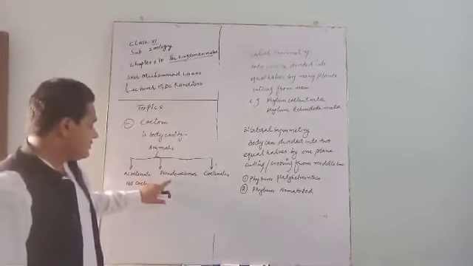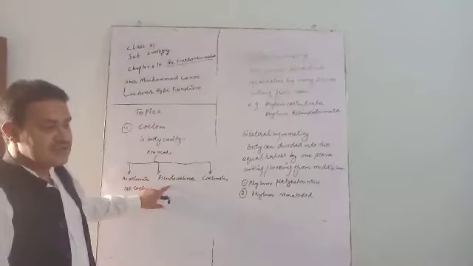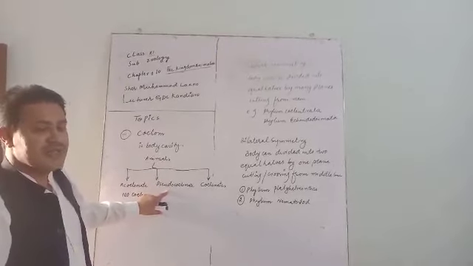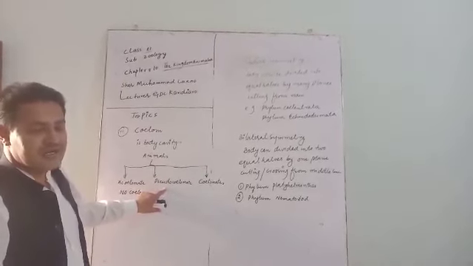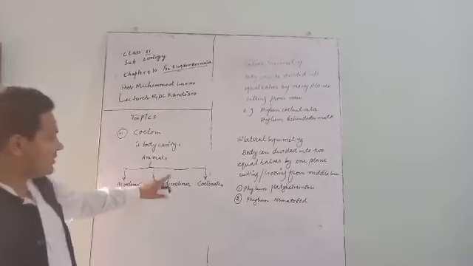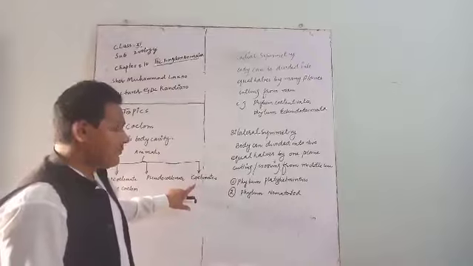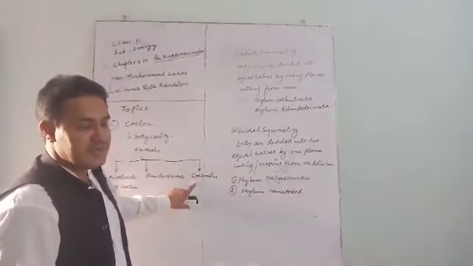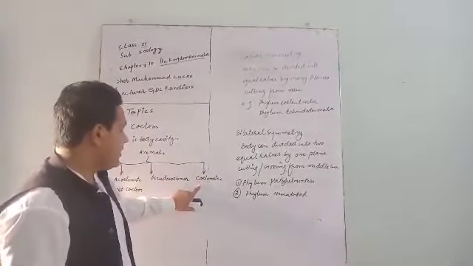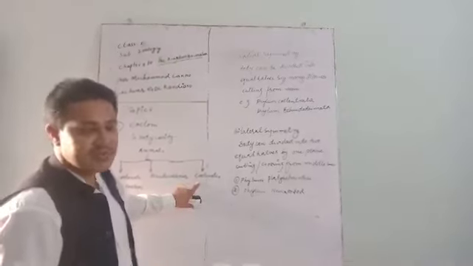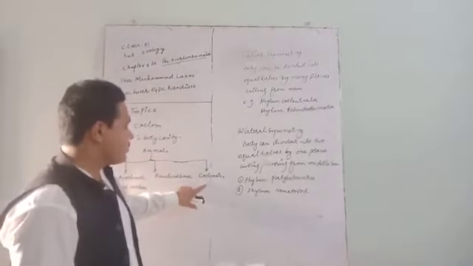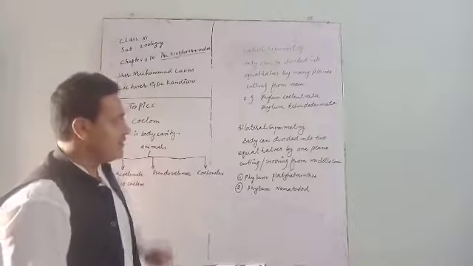An example of pseudocoelomates is phylum Nemathelminthes or Aschelminthes. From phylum Annelida up to phylum Chordata, all are coelomates, meaning they have a true body cavity.